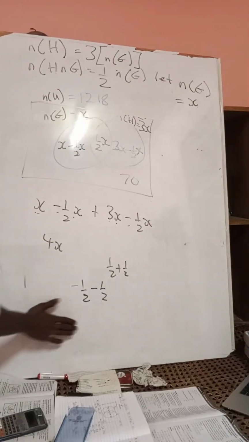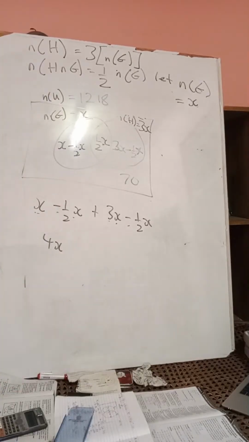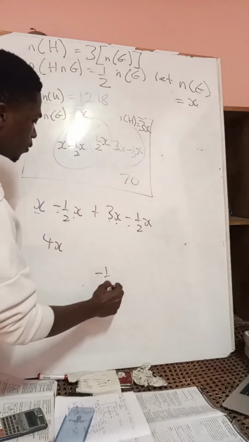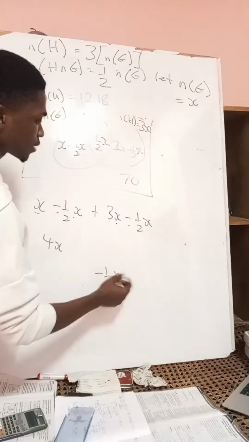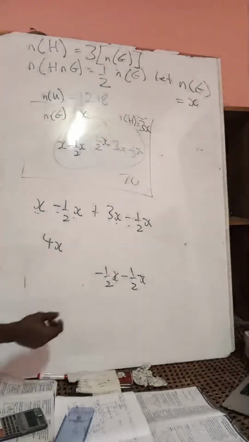So when you come here, you see mathematics is not something difficult. I think it's because of the way we talk about it that math seems difficult. When you see half of x minus half of x, you shouldn't think of something huge.